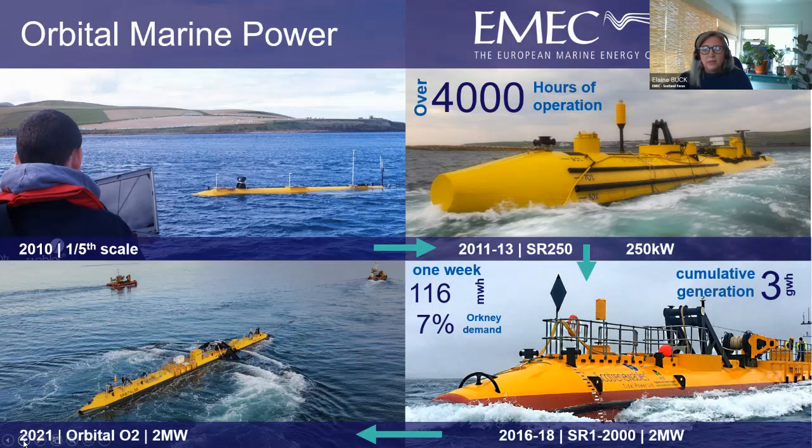Then further in 2016 to 2018, the SR2000, or their 2 megawatt device, and in one week, they were able to generate 116 megawatt hours, which equated to 7% of the Orkney electricity demand. And now we're very pleased to host the O2 2 megawatt device, which is waiting to be installed on our site this spring. Next slide.